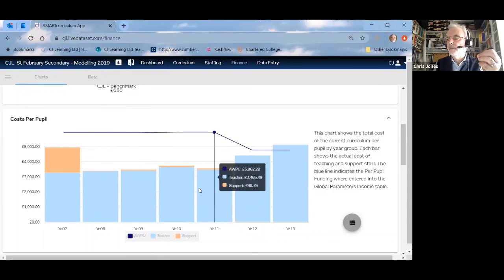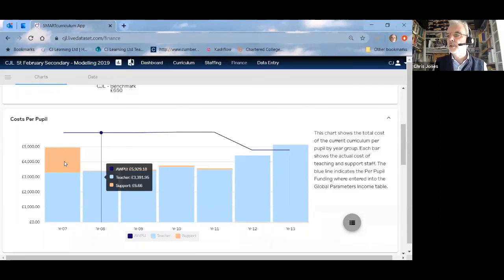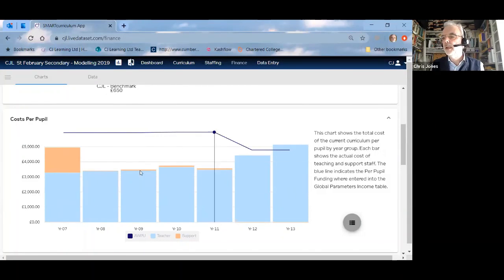That was the after school club and the one-to-one provision. In terms of the cost per pupil, we are now showing how we are using that money that we've got from you. So where you've put that time in, we can now see how that's distributed across the school.